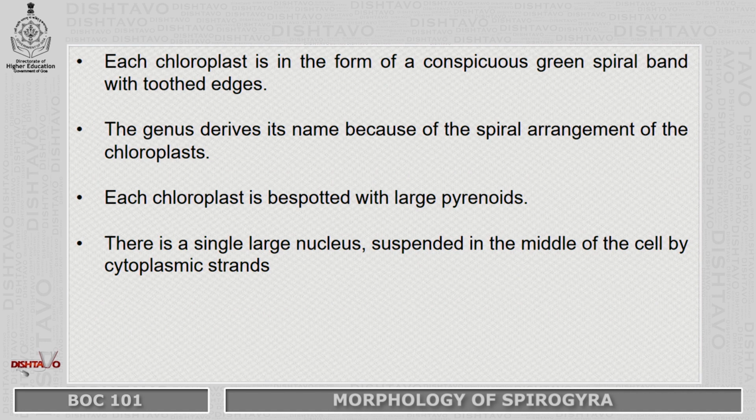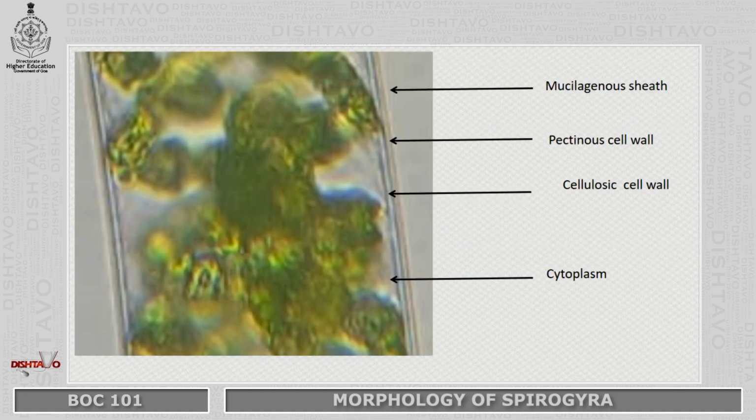Each chloroplast is in the form of a conspicuous green spiral band with toothed edges, and the genus derives its name because of the spiral arrangement of the chloroplasts. Each chloroplast is bespotted with large pyrenoids. There is a single large nucleus suspended in the middle of the cell by cytoplasmic strands.